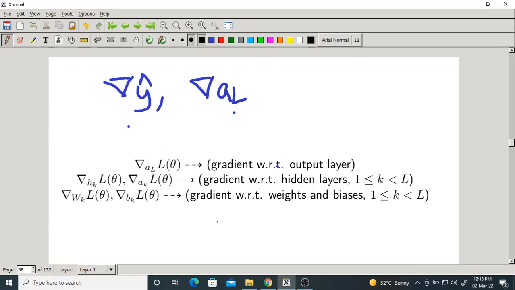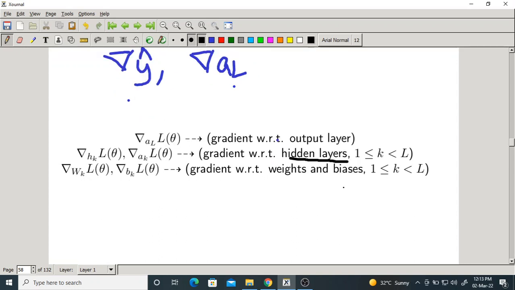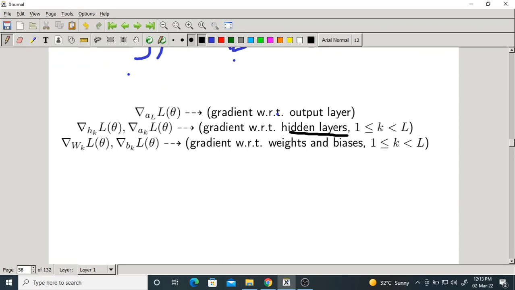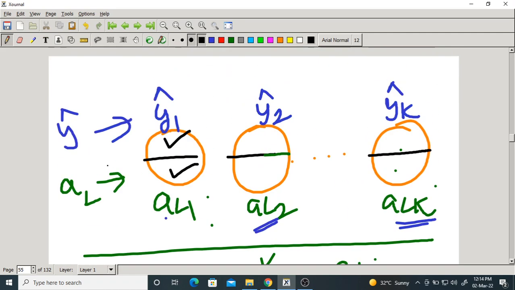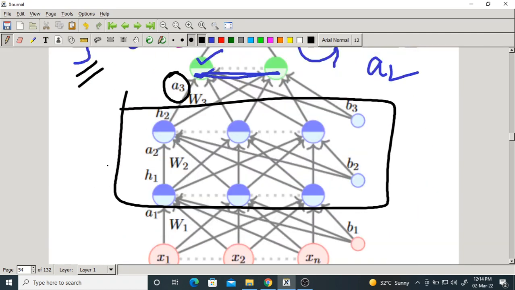We can also find the gradient with respect to hidden layers. So we have to find the gradient of HK and the gradient of AK. HK and AK, what does it mean? All these: A1, H1, A2, H2.